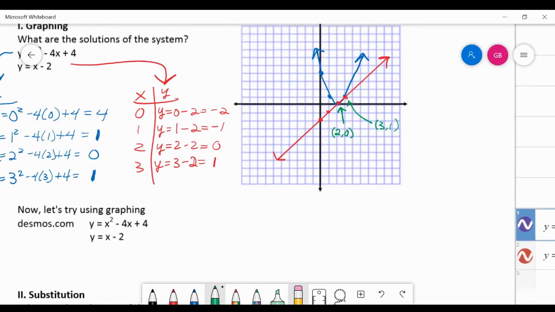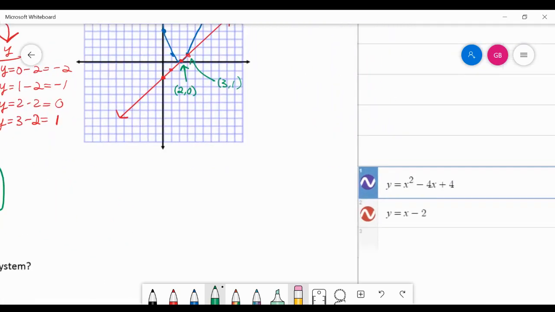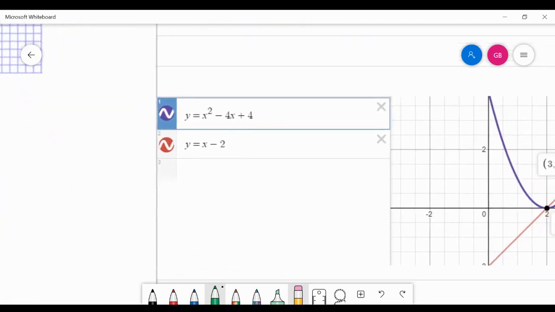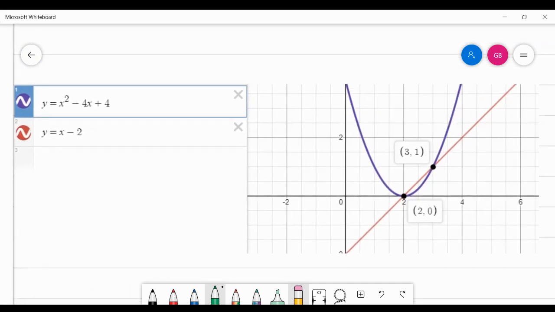You could also graph it using Desmos.com. So it's going to give you a much cleaner graph. It's the same two equations, but this time I graphed them on Desmos. I already took a screenshot of it. And the cool thing about Desmos is that you could zoom in and out. So here you could clearly see how they both intersect at 2, 0 and at 3, 1.